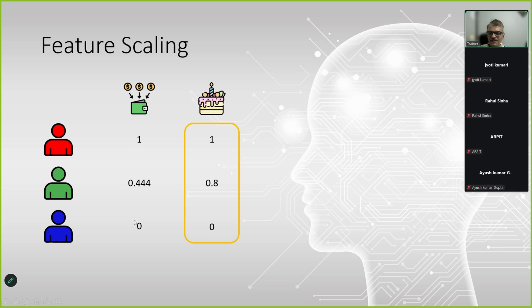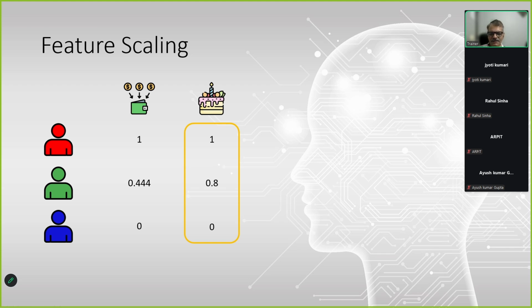Based on this data, we can say this difference is small, so it is closer to blue, right? It means the difference here is small. So based on this salary, we can say the green is closest to blue, right?